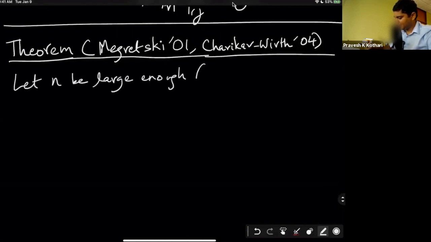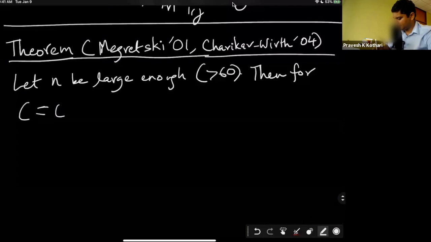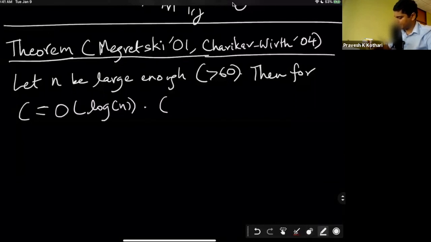So I think 60 works if you carefully calculate constants, but I won't. Then for C equals order log n, again, I think C equals 4 works. Sorry, the constant can just be taken to be 4 log n, I think. But I won't do that.